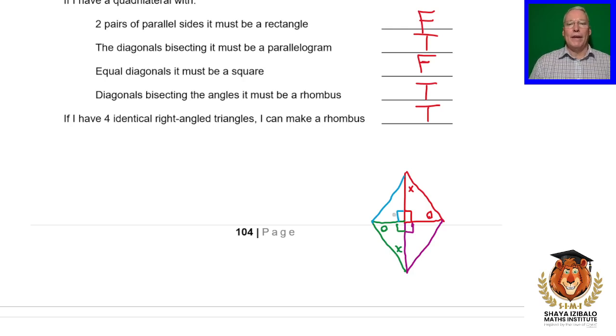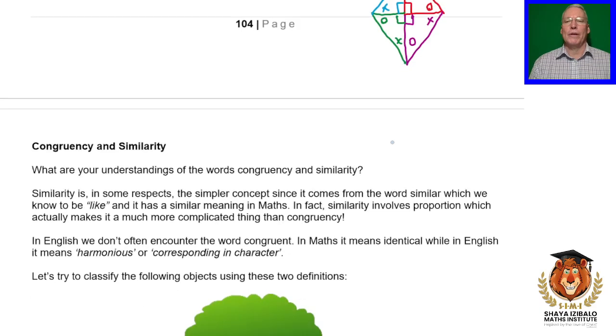And then in this blue triangle and the purple triangle, this, for example, would be equal to a circle and a cross, and in the blue triangle the cross would be there, making these lines parallel, and the circle would be there. And that will make a rhombus. So if you've got 4 identical right-angled triangles, you can always make a rhombus.